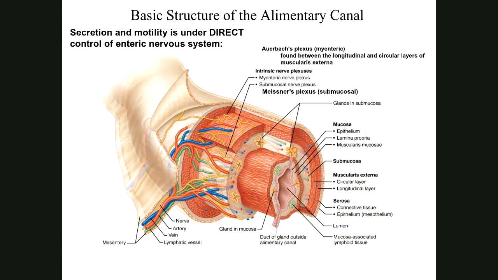Muscularis externa is a muscle layer that is responsible for segmentation and peristalsis, both. So it does the propulsion distally, and it does back and forth movement of the bolus of food, which we call chyme.